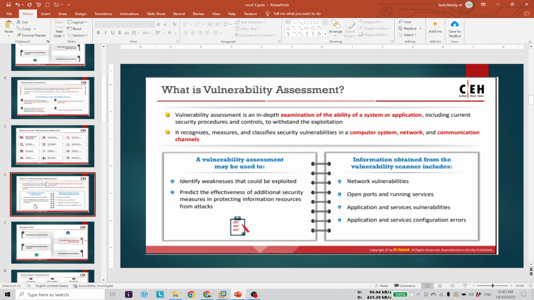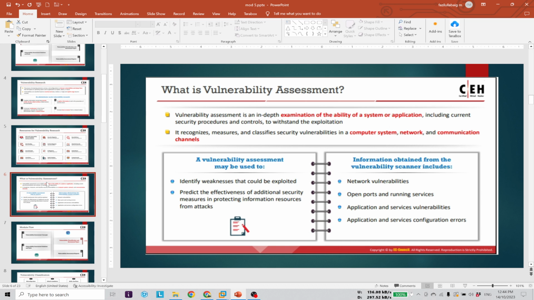So what is vulnerability assessment? Assessment is nothing but helping: how we can help in vulnerability analysis. Vulnerability assessment is an in-depth examination of the ability of a system or application.